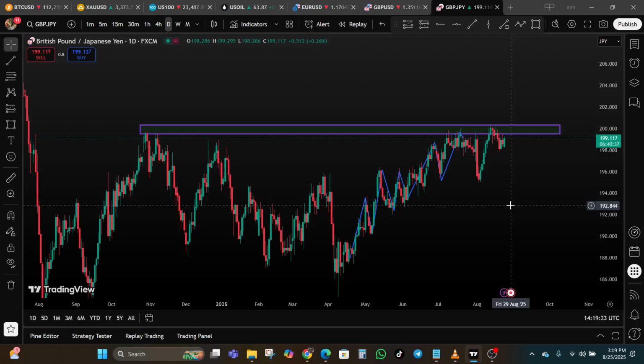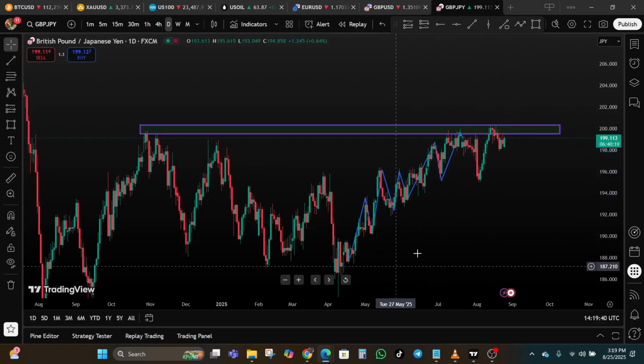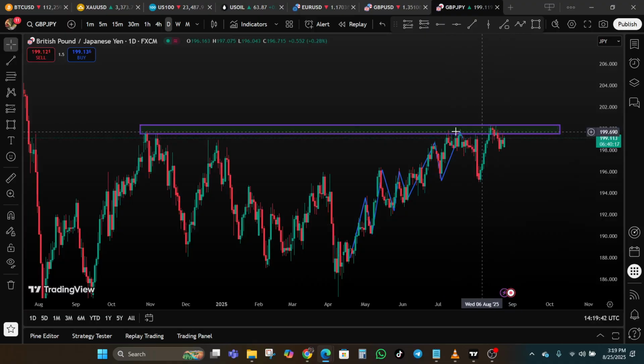Now let us move to the entries and exits. With the D1 trading strategy, entries are all about patience. You wait for the daily candle to close near a key support or resistance level.